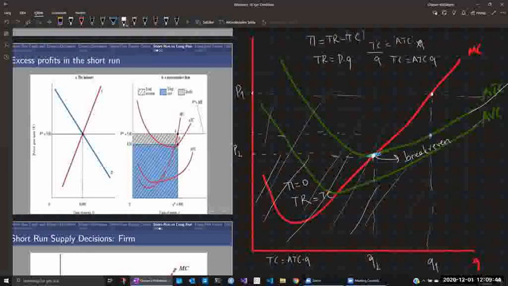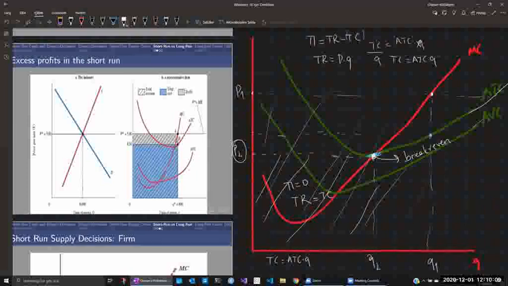At this point, firms exactly break even, so they observe a revenue that matches their total cost, which also includes the concept of opportunity cost. So at this point, the entrepreneur is okay with making production, right?